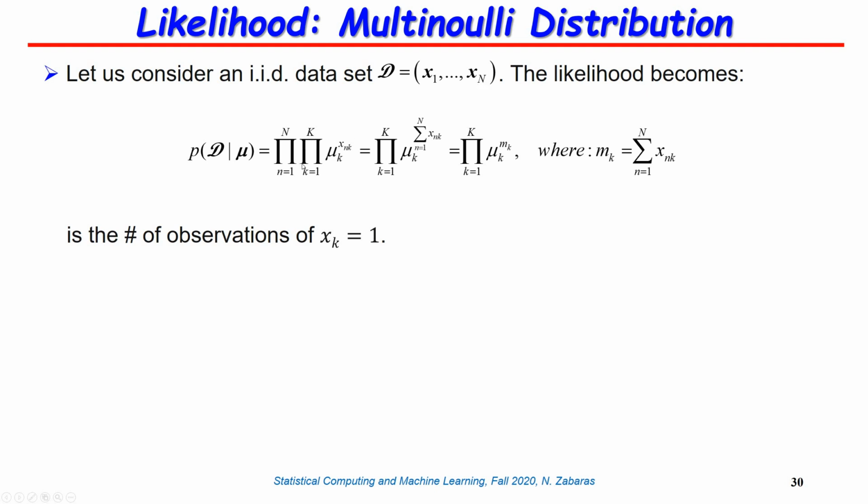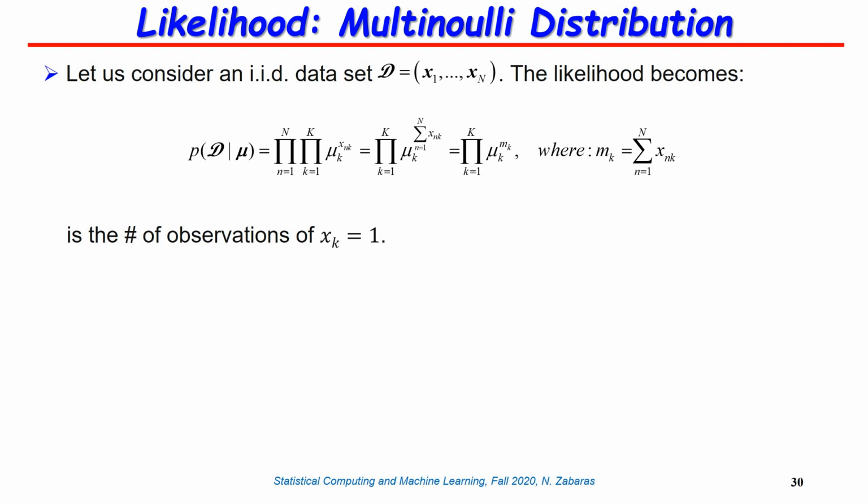If I pull this product outside and push the other product inside, I can write the product over mu k to the power x nk as mu k to the sum of x nk over all n. So what is x nk? It is the value of the random variable for state k in my nth toss of the coin, either on or off, 1 or 0.